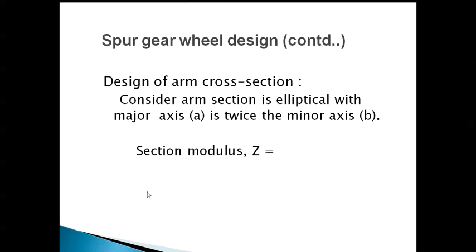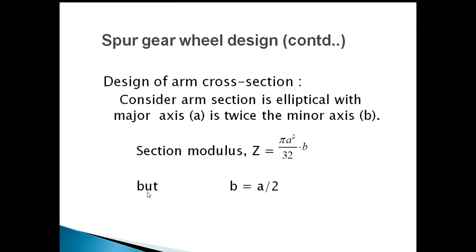So from this, the section modulus Z equals pi into A square into B by 32 for the elliptical shape. Here A is equal to twice B, so B equals A by 2.